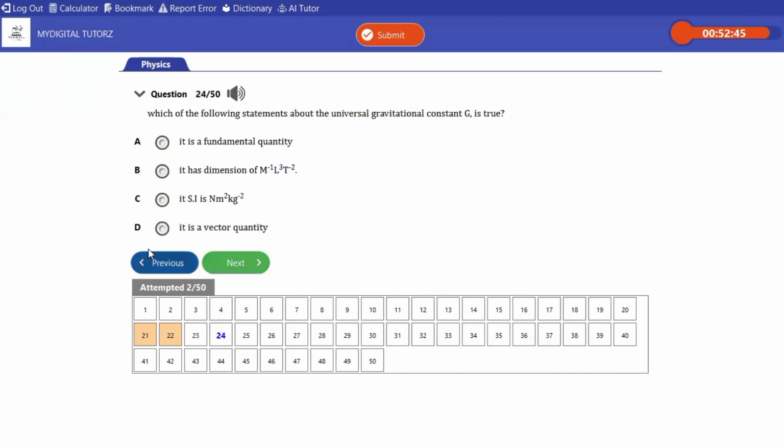Question 24 says, which of the following statements about the universal gravitational constant G is true? So how do we know which statement is true? Remember that G has this relationship with force. Force of attraction F is equal to G M1 M2 all over R squared.